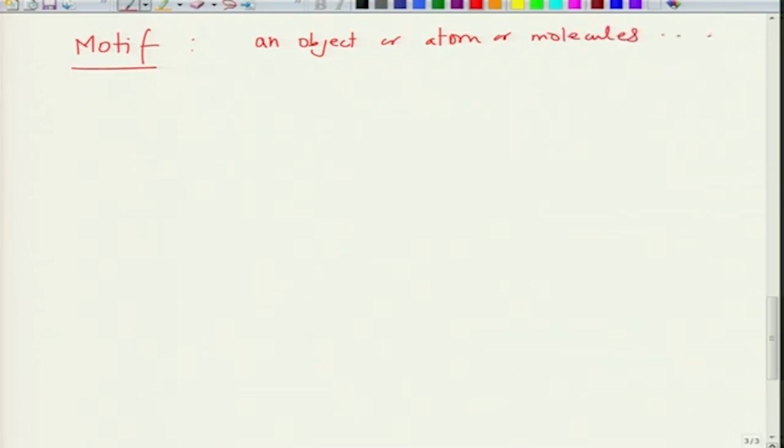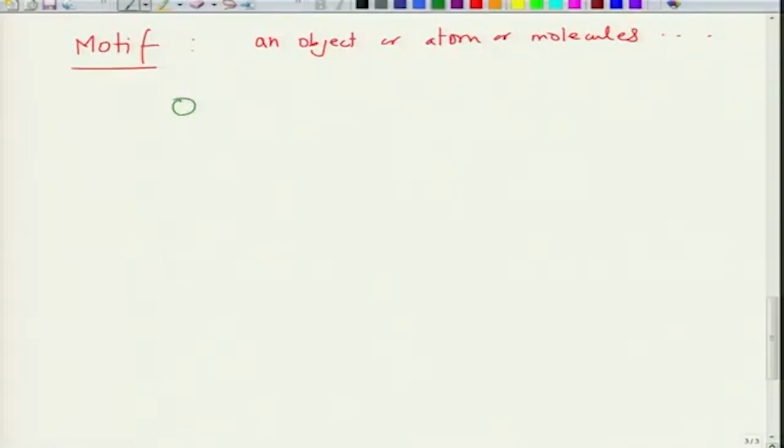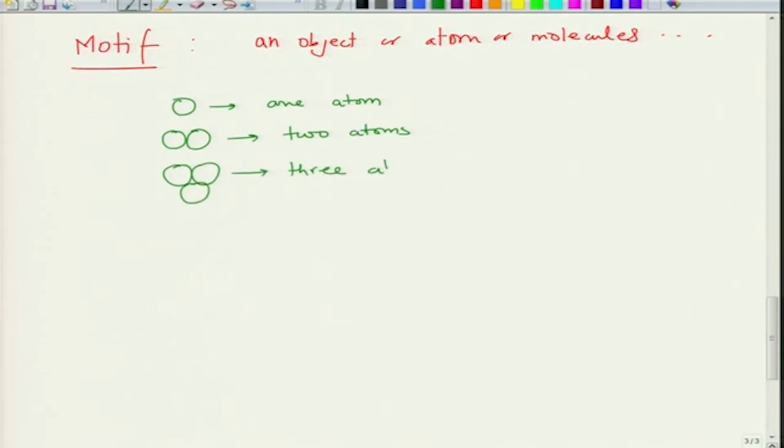So when these motifs or units replace the points in the unit cell, it could be one atom, it could be a group of atoms, 2 atoms, it could be something like this, and there is a possibility to make a variety of shapes.